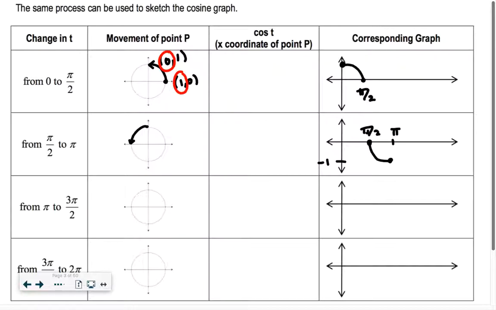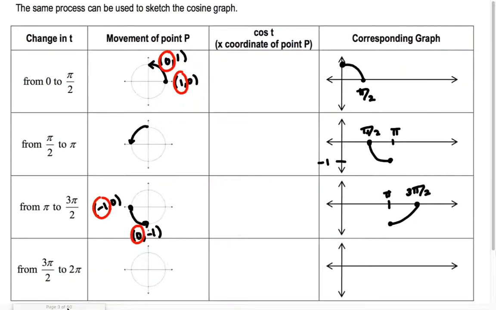And then if I go from pi to 3 pi over 2, what cosine values do I go from? That was -1, 0, and this is 0, -1. So I go from -1 to 0, exactly. So it kind of brings it back. And then the last part, we're finishing off this full cycle, so it has to go back to its starting point.